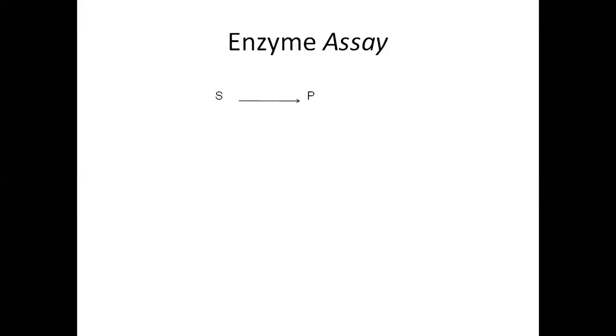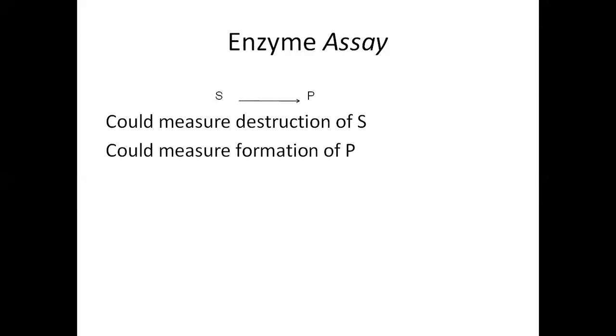If we have a reaction where a substrate is converted to product, then we could either measure the destruction of the substrate, in other words, the rate at which it disappears, or we could measure the rate of appearance of product. As a practical matter, we would pick whichever was easier to do.